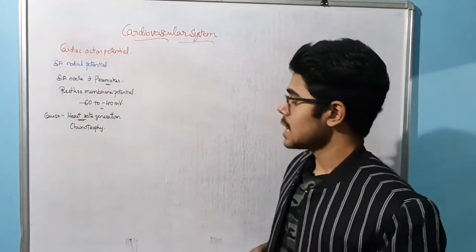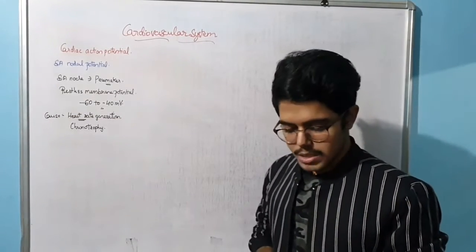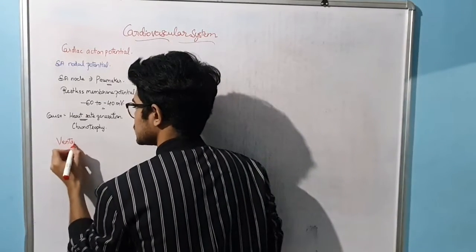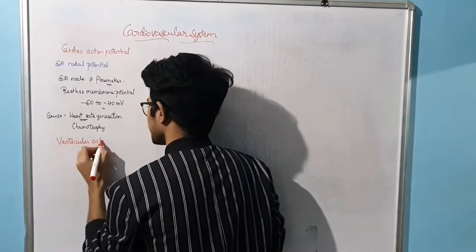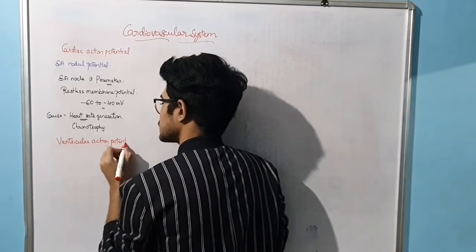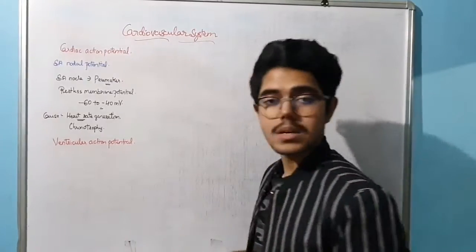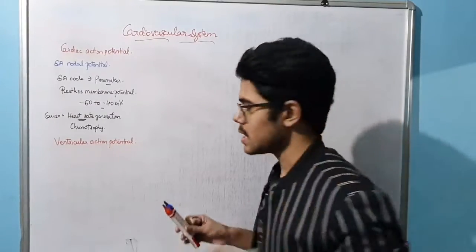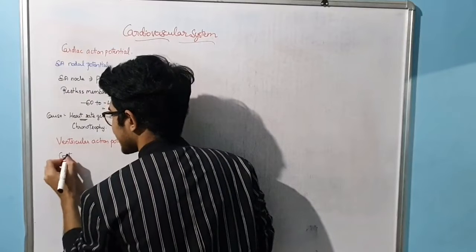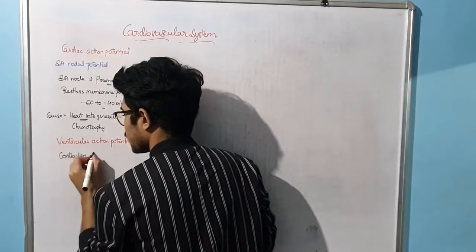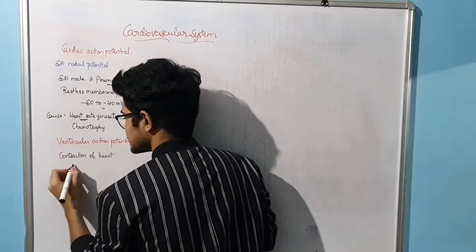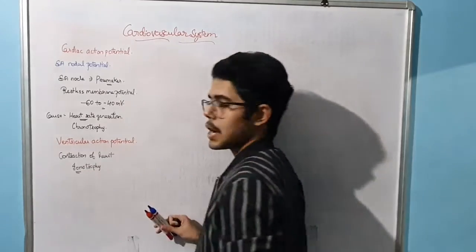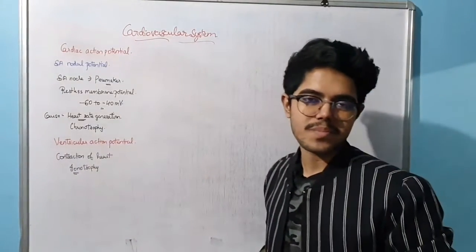Understand? Now we have another action potential that we call the ventricular action potential. Here, it is the opposite. It mainly deals with the contraction of the heart, which means it is inotropy, as opposed to chronotropy.